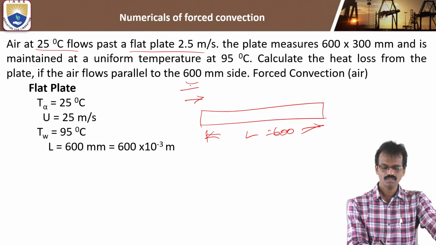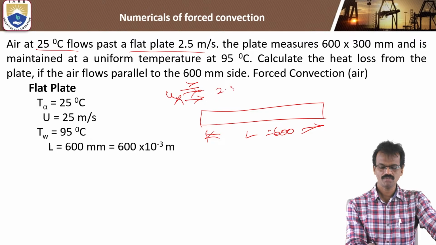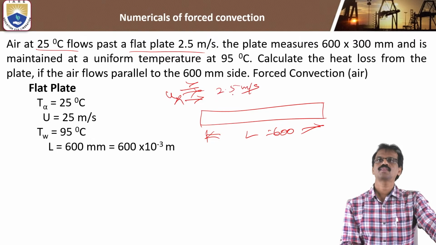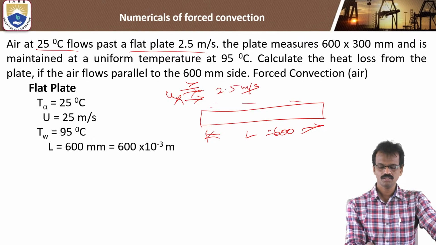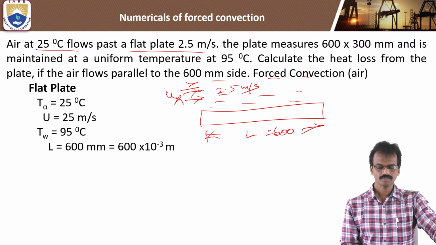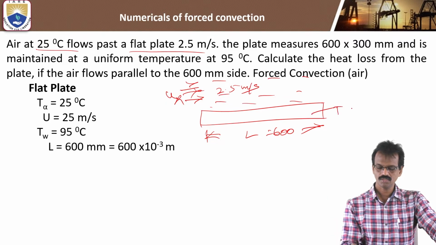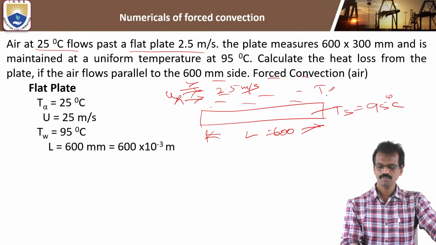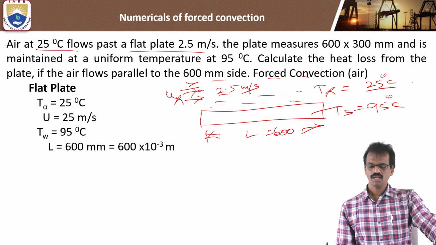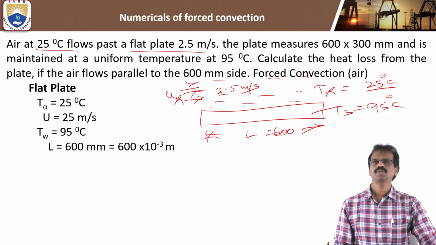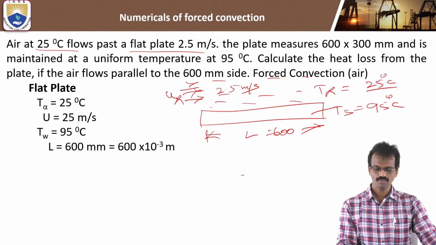Flow velocity U infinity is equal to 2.5 meter per second. The plate surface temperature Ts is equal to 95 degrees Celsius. The fluid temperature T infinity is equal to 25 degrees Celsius. Calculate the heat loss from the plate. So I have to find the Q value.